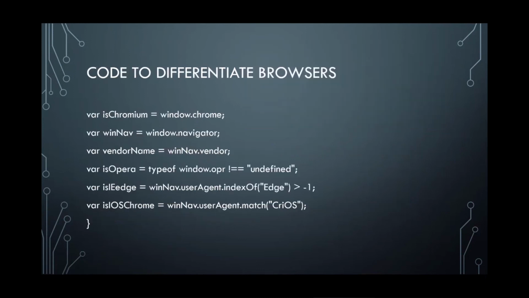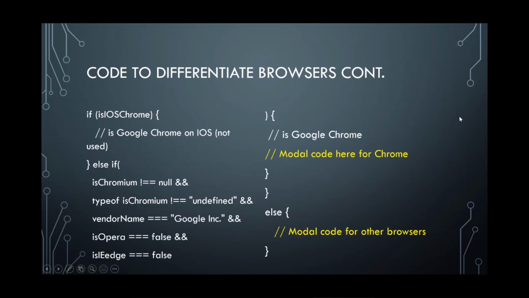However, this is different for some browsers. I found that code to be great for Internet Explorer, but it did not work on Google Chrome. So I had to add some code to first identify which browser I was currently in. This gives you a bunch of them, more than I needed for what I was working on, just to give you an idea of what it might be looking at. So this is looking at Chrome, navigator, the vendor name, if it's Edge, if it's iOS Chrome, and other different browsers you might be using.